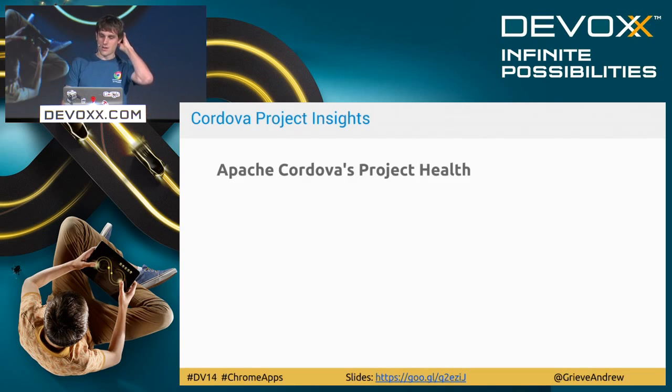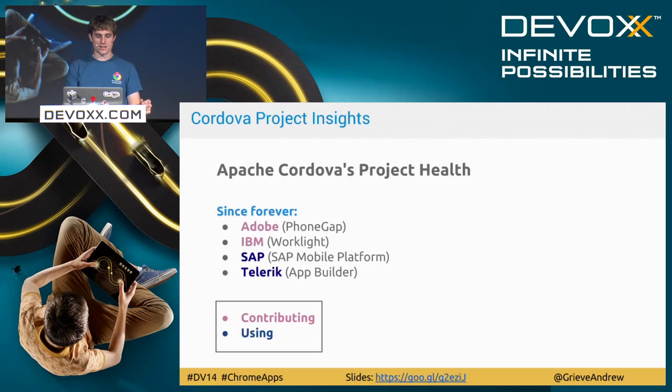Okay, so how about the Apache Cordova project itself? I've been a committer on it for a couple years, and it's an Apache project. How is it going? I think the best way to think about how it's going is looking at how many companies are involved in it. Since forever, since before I joined the project, I know that Adobe, who actually were the ones who bought PhoneGap and open sourced it as Cordova, have been working on it. IBM has been working on it.